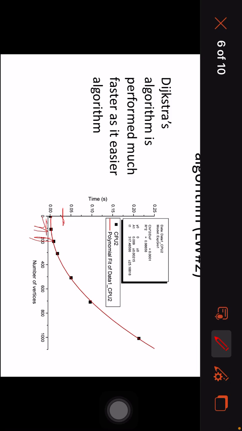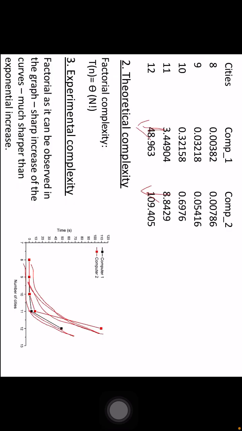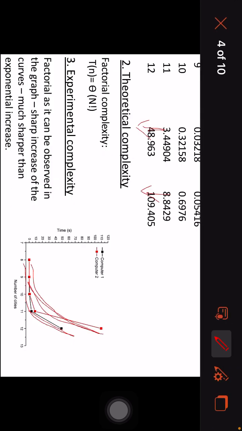So when he was comparing the cities from 0 to 10, in the traveling salesman problem, as you can see, when he was using, let's say, 12 cities, the time required was around 50 seconds and around 100 seconds for 12.